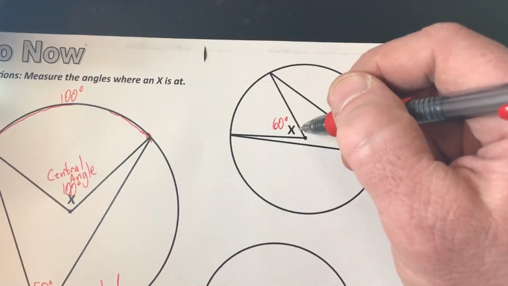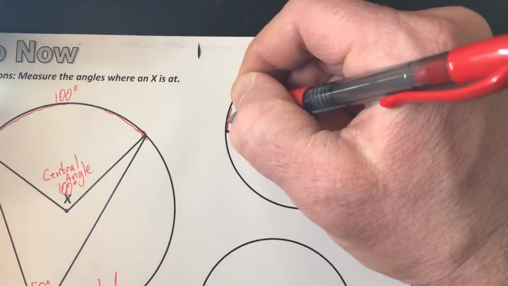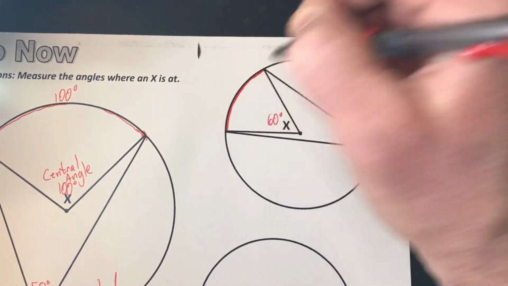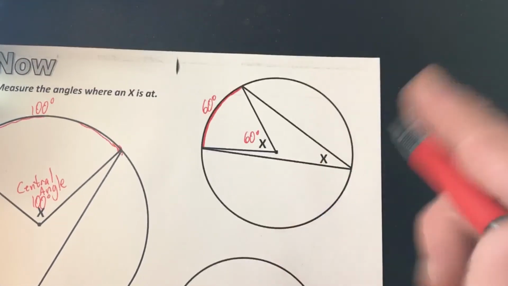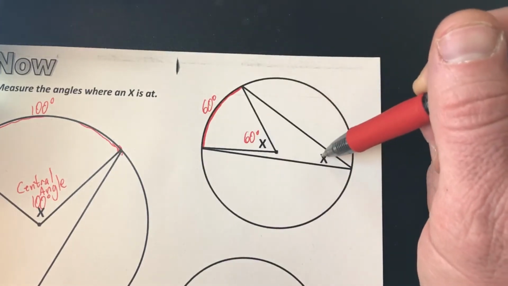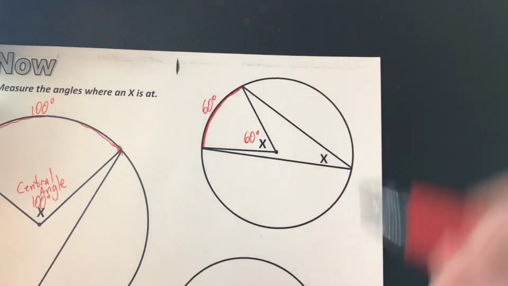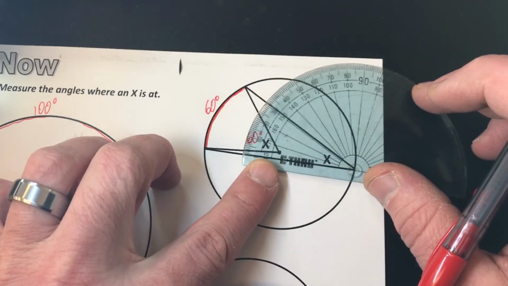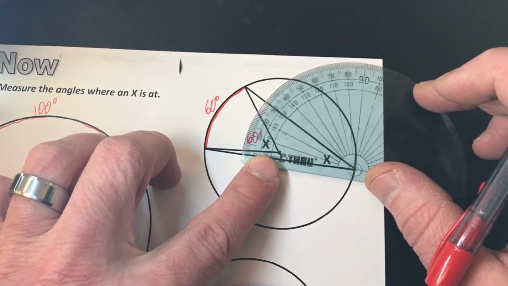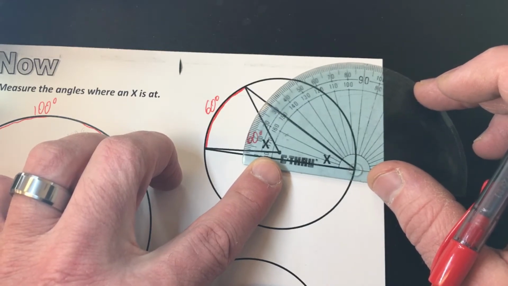So if this angle is 60, how many degrees do you think this arc is right here? It's 60. And now, what would you guess this angle is going to be? 30. It's going to be 30. Okay, so let's measure and see. And yep, you can see it's 30 degrees.